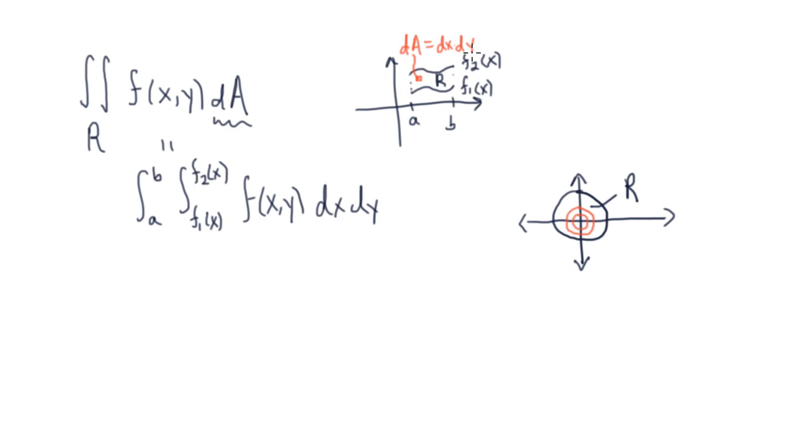But what that requires doing is really changing variables, so changing our function, changing what f is a function of, so we need to replace x and y with the corresponding variable transformations. We need to change dA, and then we also need to change our limits of integration.